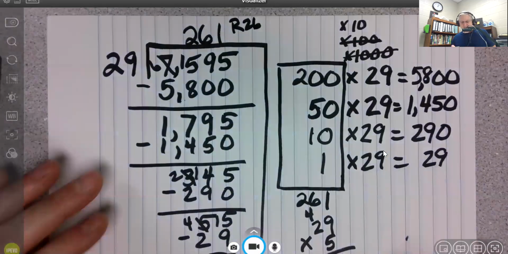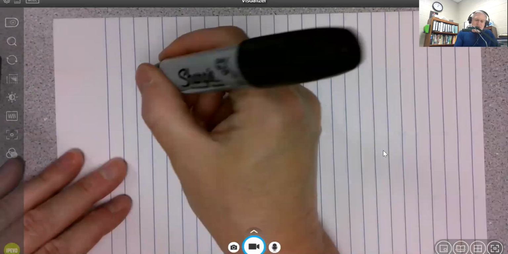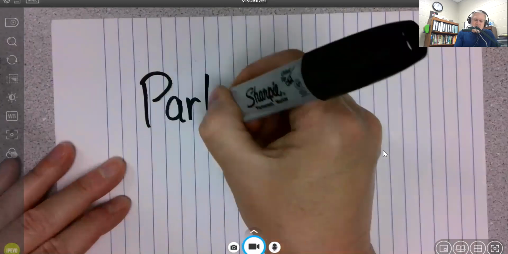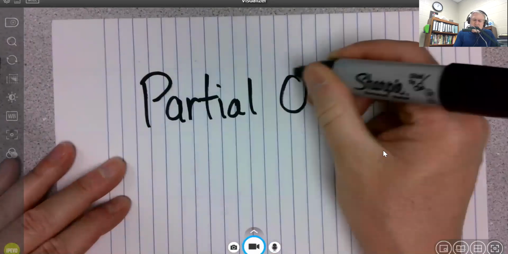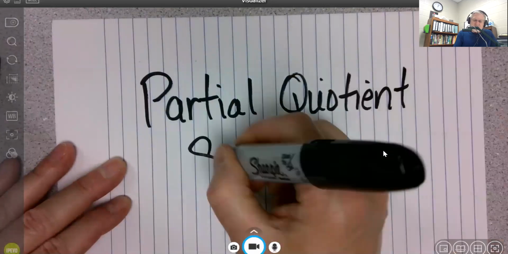And that is 2 examples. And again, that is called using the partial quotient strategy.